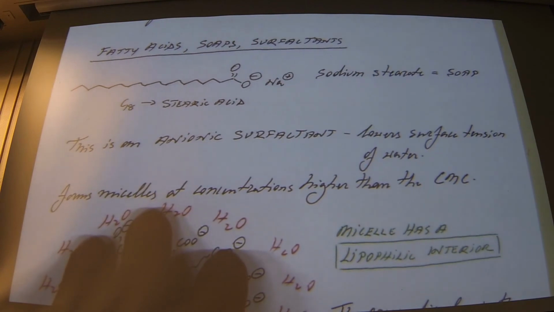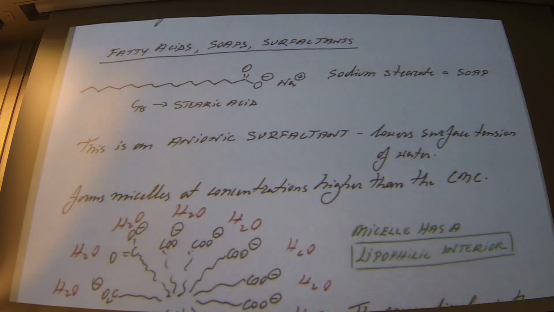Okay, now, one last little thing. In the old days, how did they make soap? Okay, so the first thing you got was wood ash. So you burn wood, you get the ashes.